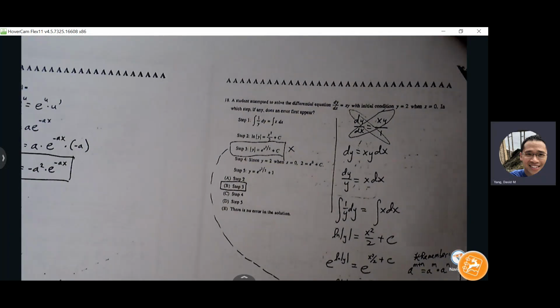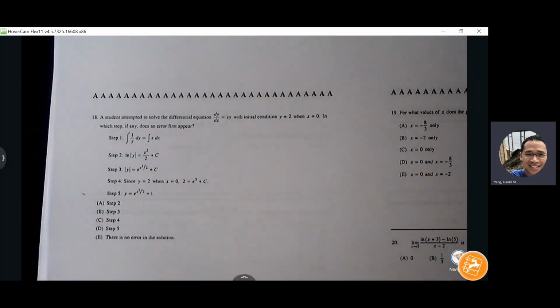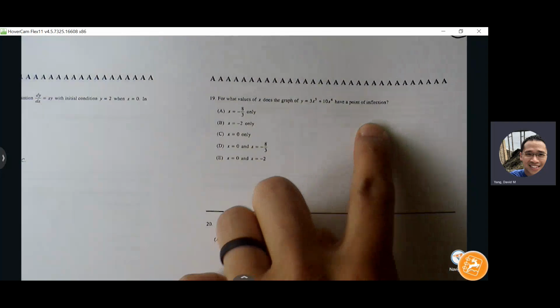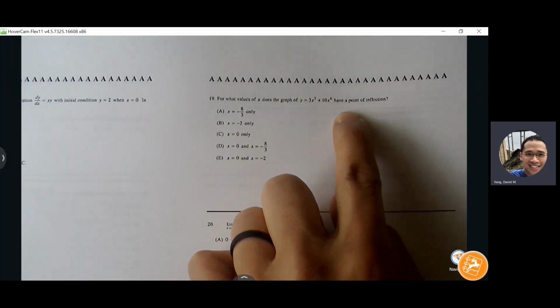Okay. 19 feels pretty straightforward. Point of inflection. However, this is deceptively easy because students understand that point of inflection comes from the second derivative. They find the critical values from the second derivative function, but they don't test with a sign line.